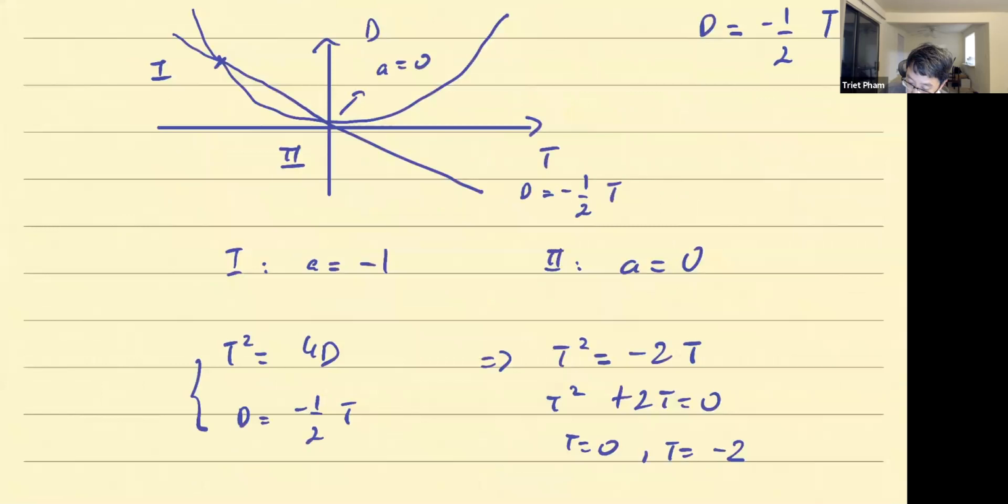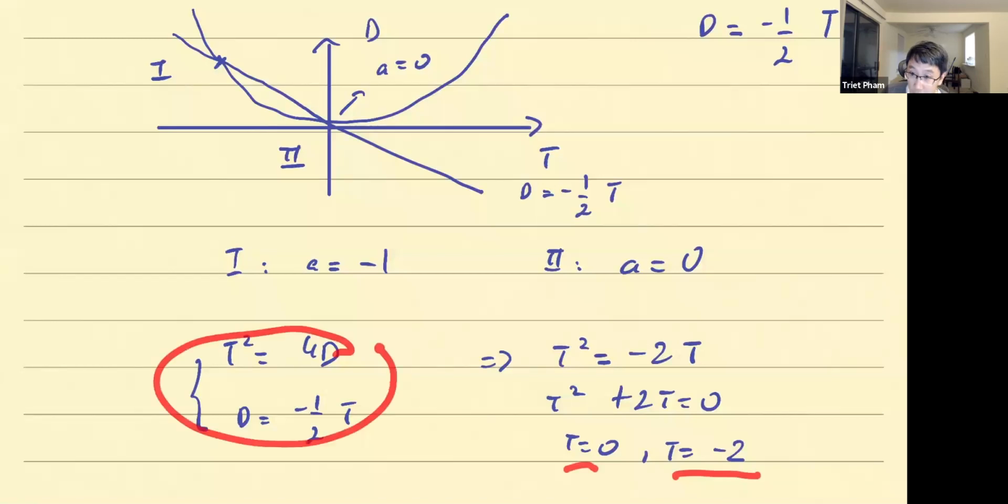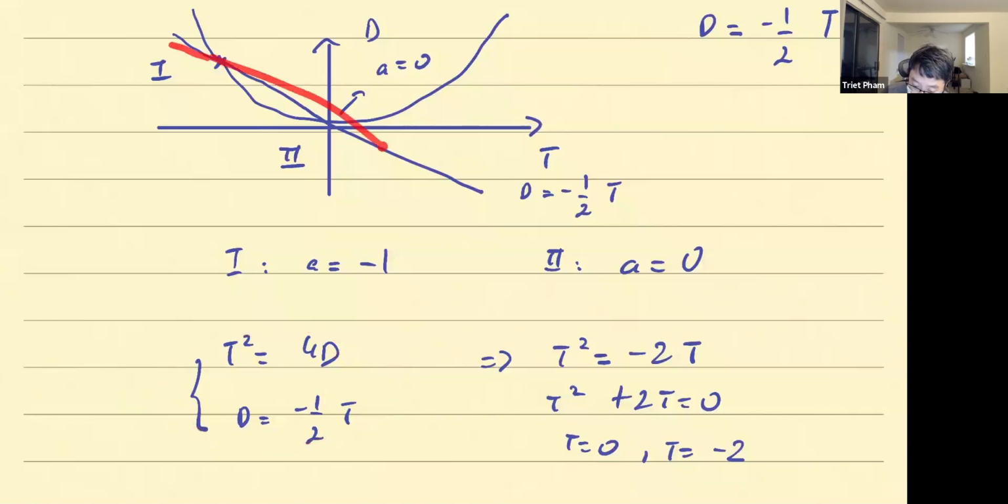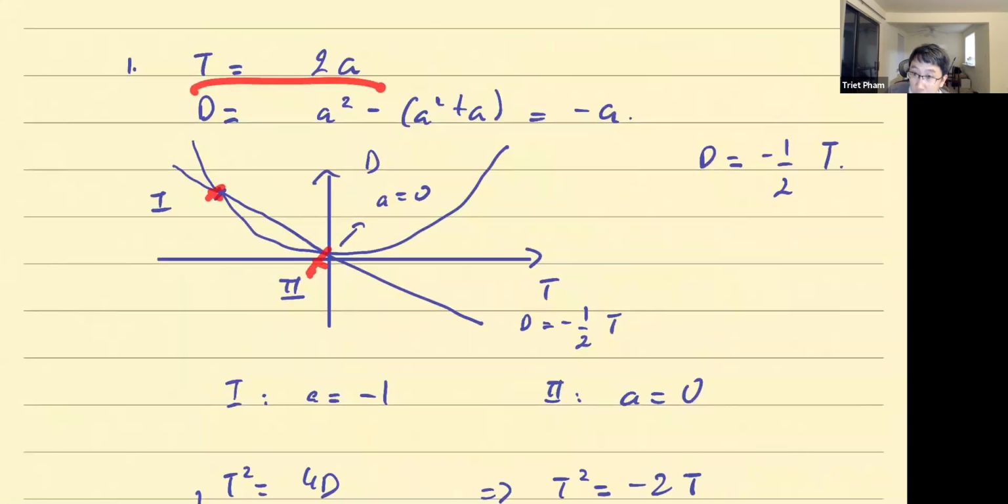See here, Carl, t equals minus 2 and t equals 0. As I solve for this, basically these are the intersections of the line and the parabola. Now, t equal to 0 clearly corresponds to this, and t equals minus 2 corresponds to this. Then I go back to see what t is in terms of a, and I solve for a.